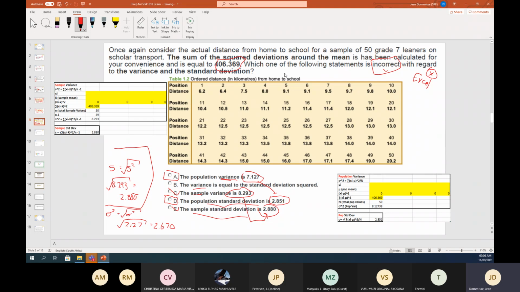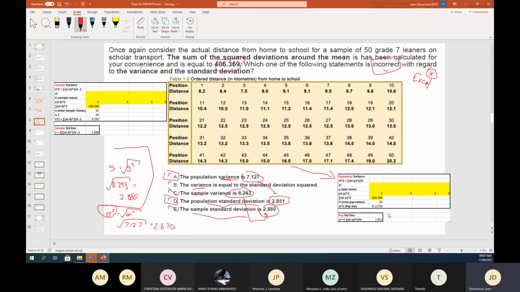If it was the other way around, and we were looking for the correct one, we would again have said one of those is not the right one. So now I know the mistake is in the population variance.